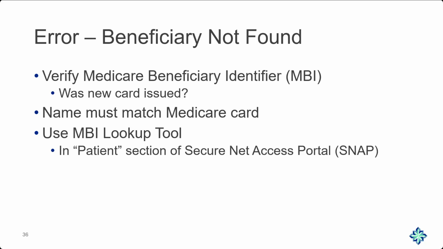Now, it wasn't like that in the past. When they were Social Security based, if you needed a new card, you were always going to have the same number. Due to changes and privacy information and fraud, that's no longer the case. If a new card is issued, they may have a completely different number. Some beneficiaries don't use their legal name.